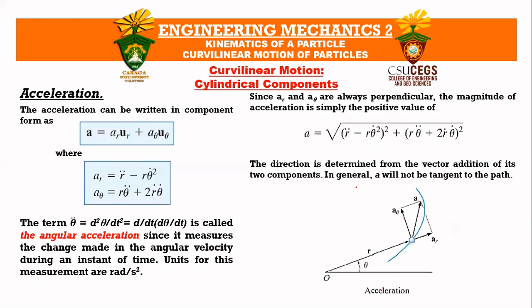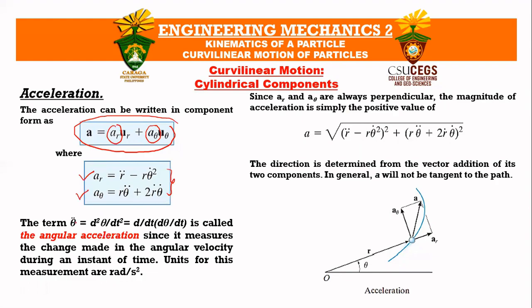On the other hand, the acceleration can be written in component form as the following. This is the vector form of your acceleration. This one is the radial component of your acceleration, and the other one is the transverse component of your acceleration, and these two components are equal to the following: this is for your ar and for your a theta.